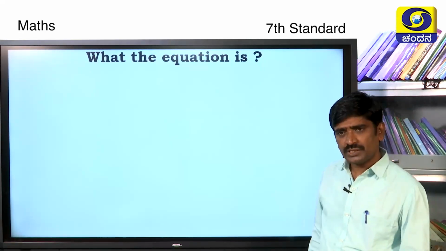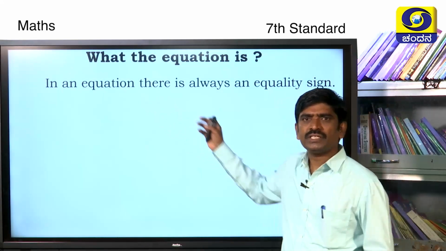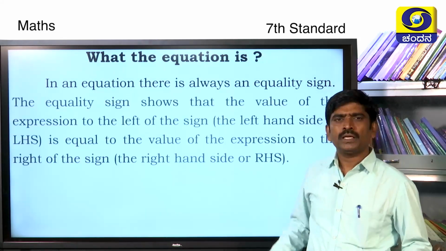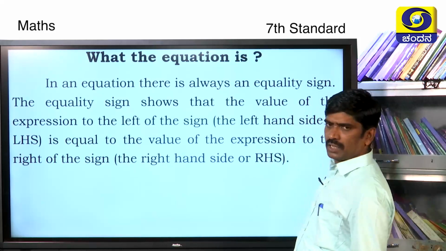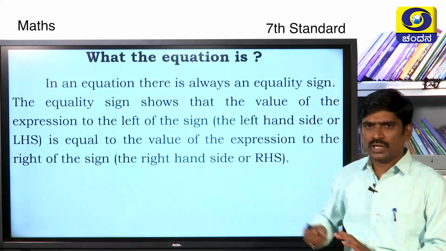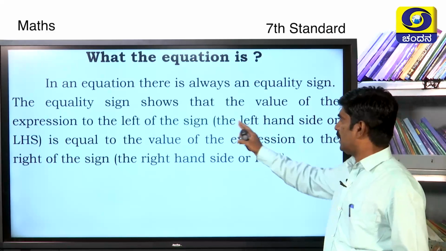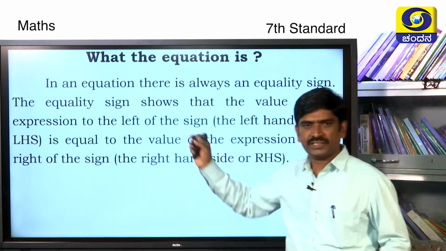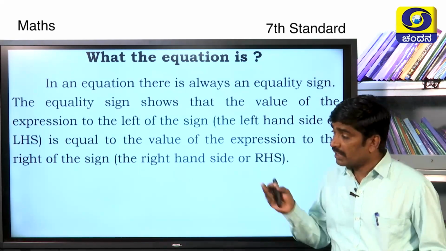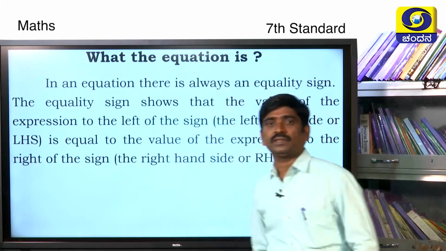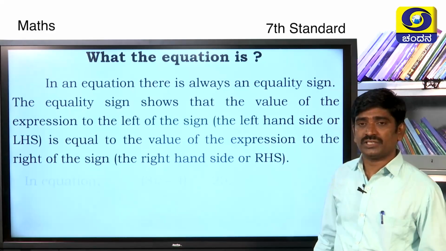What is an equation? In an equation, there is always an equality sign. The equality sign shows that the value of the expression to the left of the sign, the left hand side or LHS, is equal to the value of the expression to the right of the sign, the right hand side, that is RHS.